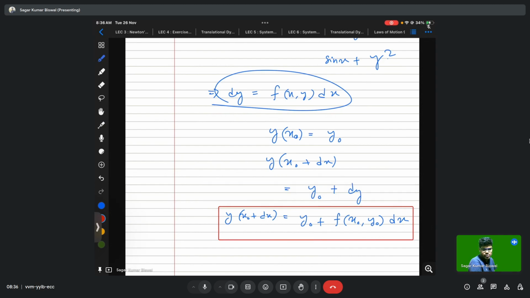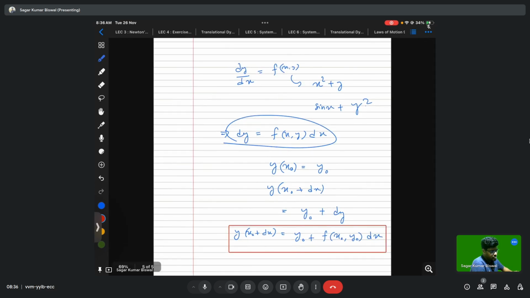And this is exactly Euler's formula. Very simple. Just take this dy as f of x, y into dx, and this is the increment in the function y. What is a very small increment in this function y? This dy will be like this.